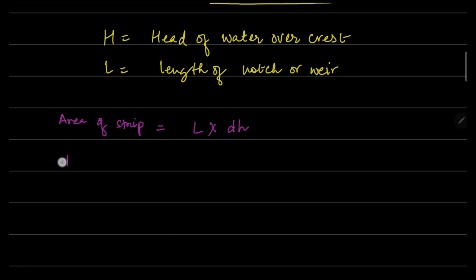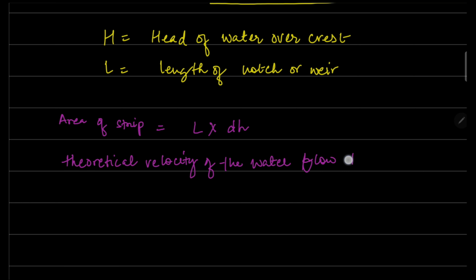So the theoretical velocity of the water flowing through this particular strip under consideration can be written as under root 2gh.